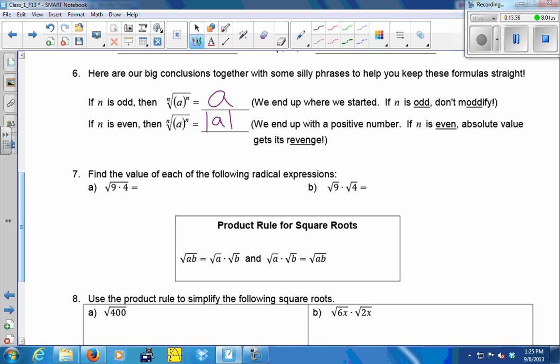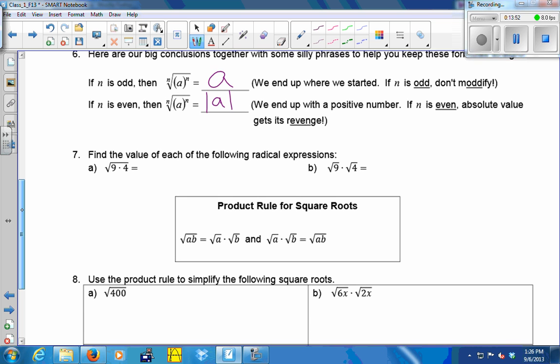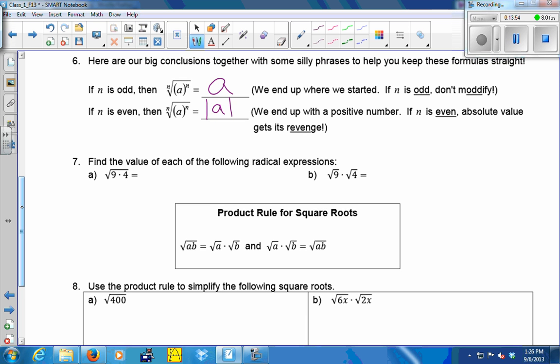If n is even, absolute value gets its revenge. Even is in the word revenge. So when n is even, when you take an nth root of something raised to the n, you get the positive number back. Any questions on that? A little tricky at first.